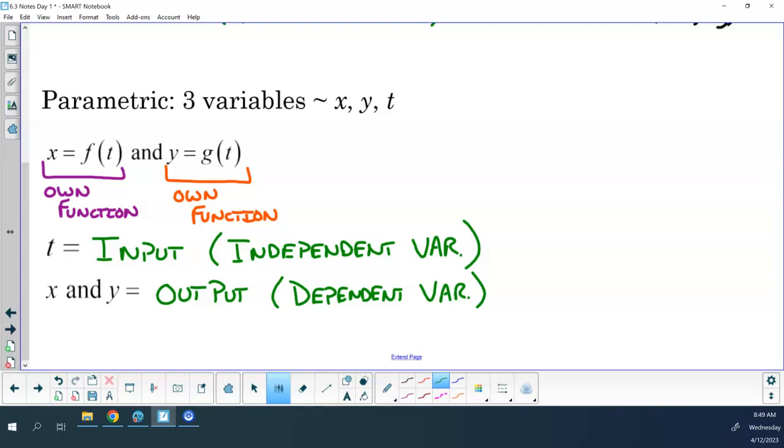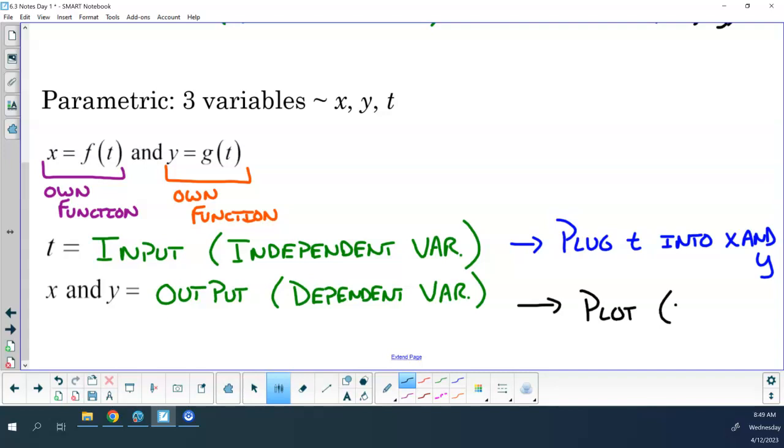So what you're going to do now is plug t into x and y, and then you plot the point x comma y.